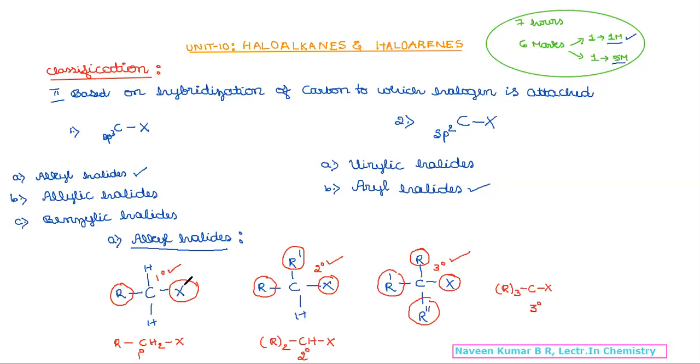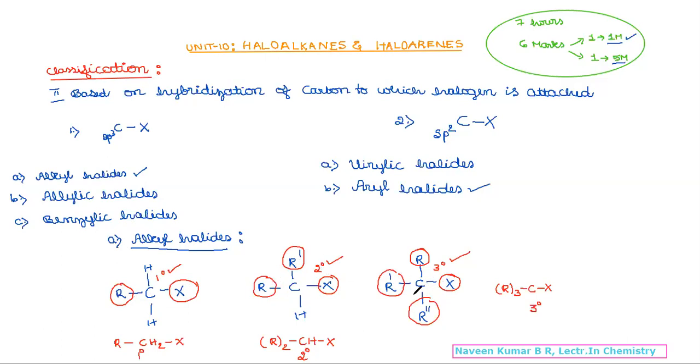Just look at the halogen attached carbon. If it is surrounded by all sigma bonds, that is single bonds, and one R group, primary. If a carbon is surrounded by all sigma bonds, that is single bonds, with two R groups, secondary.